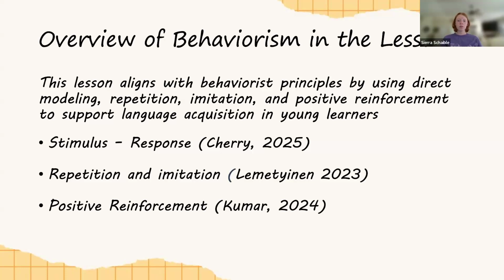Through this lesson, students repeat vocabulary in chants, echo sentences, and imitate animal sounds and movements. These repetitive and imitative practices reinforce correct language usage, especially for ELs. The use of total physical response, or TPR, also reflects behaviorist practices, pairing physical actions with verbal input to build conditioned associations.